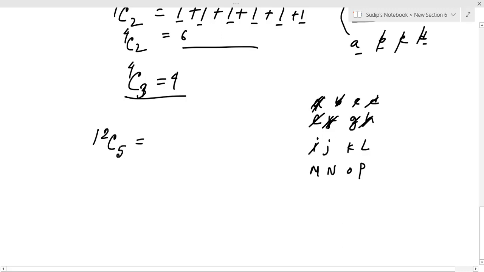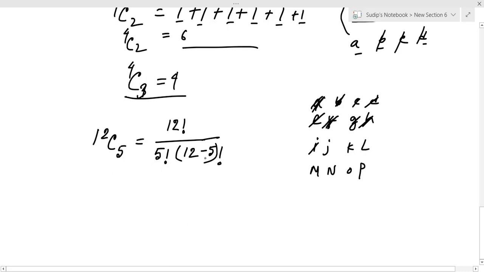So what you have to do is get a formula which will give you the value of 12C5. The formula is 12 factorial divided by 5 factorial into 12 minus 5 factorial.